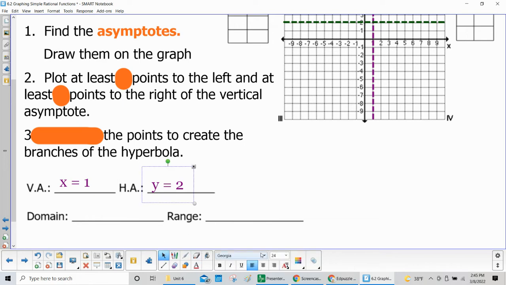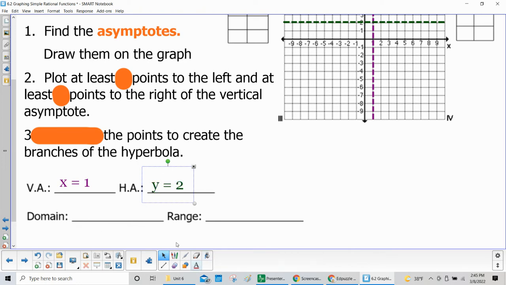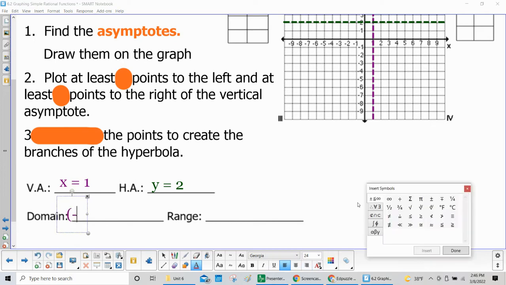I'm going to put that in green so I color code a little bit. I know that my domain should be from -infinity, so we really can fill all of this out right off the bat, to 1. And then I'm going to join that with the other side, 1 to +infinity.